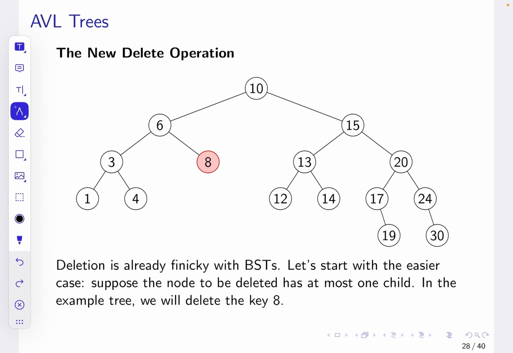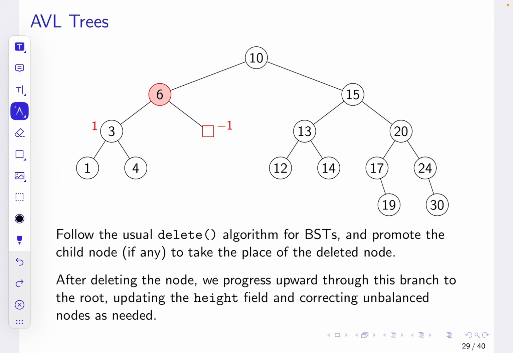So let's delete the key 8. In a binary search tree, this is just the easy case. We would somehow access node 6 and then set its right child pointer to null. And then the Java garbage collector will recognize that 8 is garbage and delete it. So that's our first step for the AVL tree deletion algorithm.